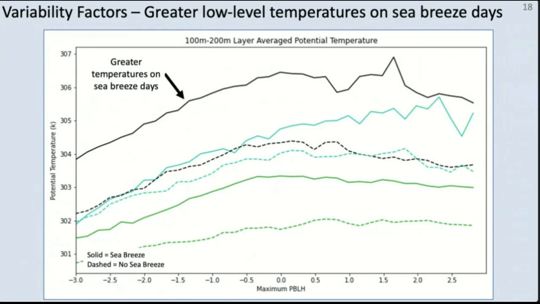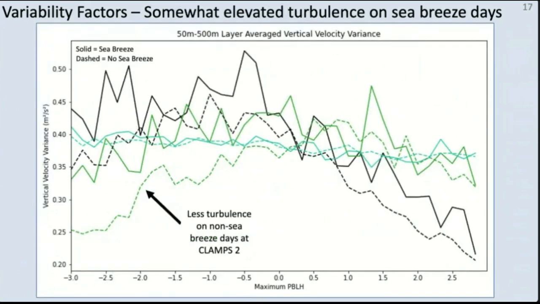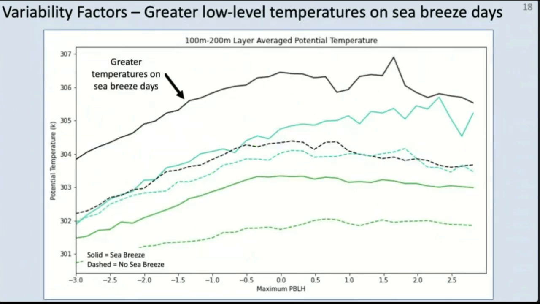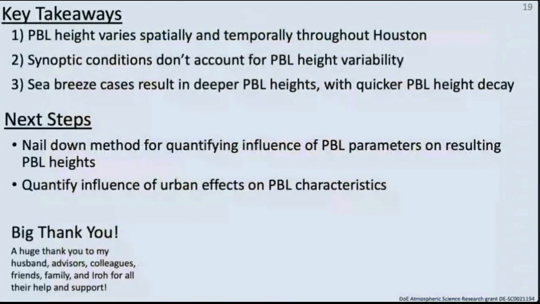So there is a greater spread as well. If you compare our vertical velocity variance, there's not as much of a spatial difference between these variance results. But when you look at the temperature, you can see that spatial difference quite a bit, especially between our rural and coastal locations.